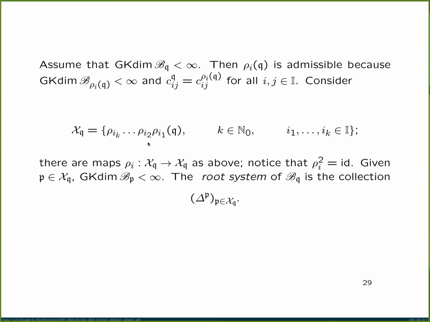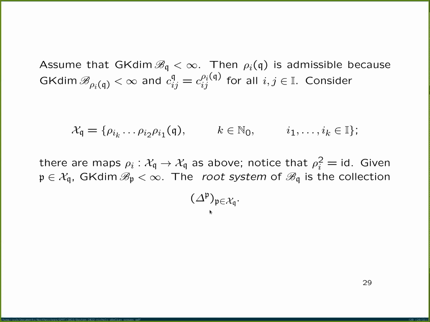Rho_i squared is the identity, and given any P in X_Q, the Gelfand-Kirillov dimension of B_P will be finite. Then by definition, the root system of B_Q is the collection of all sets of roots Delta_P for any P in this set.